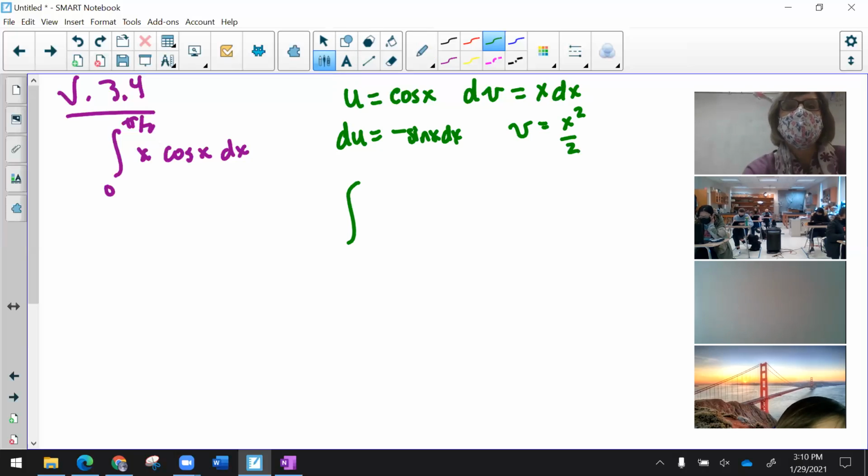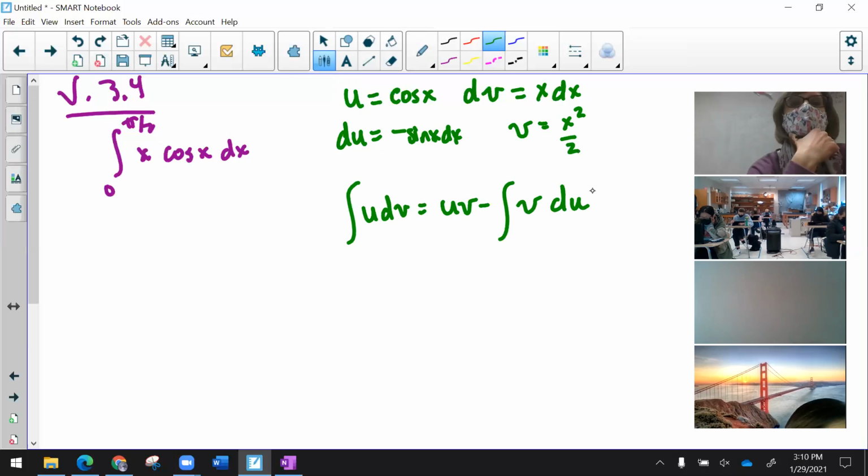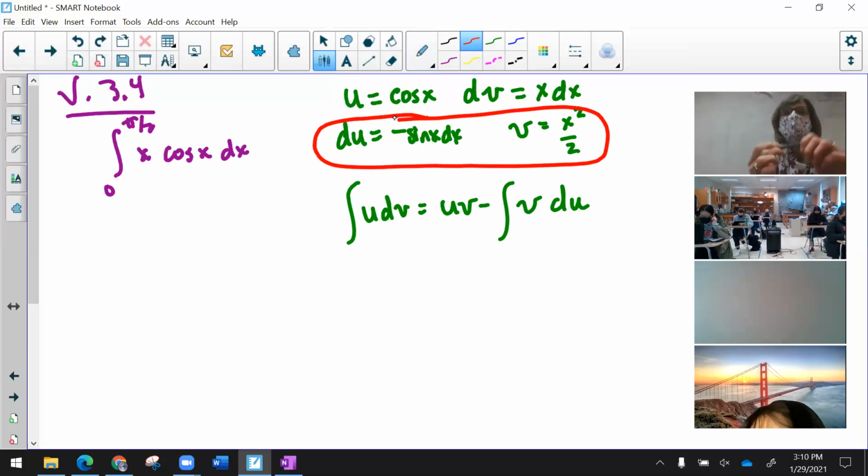Remember, my formula is the integral of u dv is equal to uv minus the integral of v du. Which means that I'm going to multiply these two things together and then take the integral. Is that simpler than what I started with? Yeah. So that might not have been the best choice.